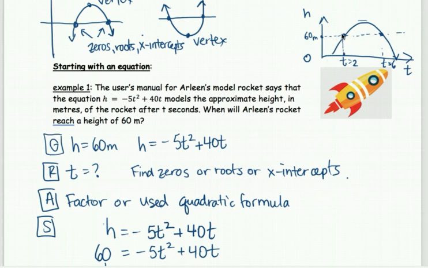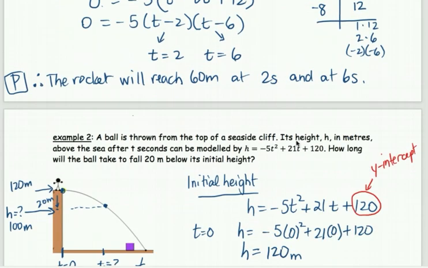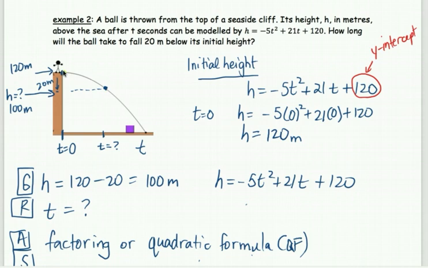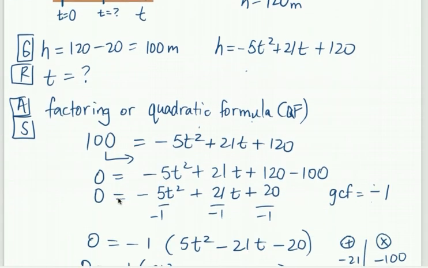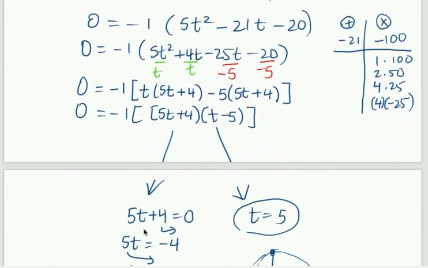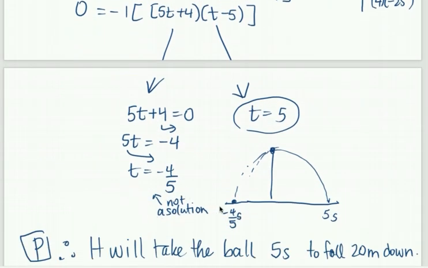You could have positive time, so on the way up it was 2 seconds, and on the way down 6 seconds. That's why we included both times. But in this case, we threw the ball and then it went down, so a time of negative 0.8 seconds, like the one that resulted from this side, doesn't make sense. We're not going to use that one. We just report the 5 seconds only.